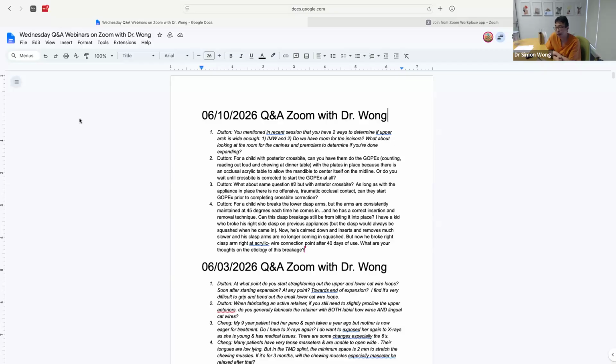When you have an anterior crossbite, if it's a mild crossbite, then you will still have a small amount of functional shift potential.